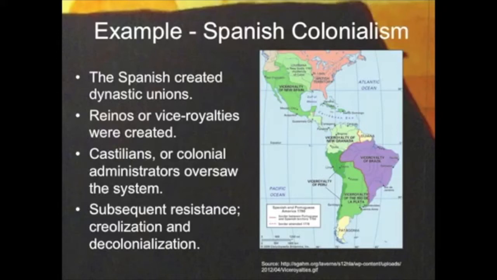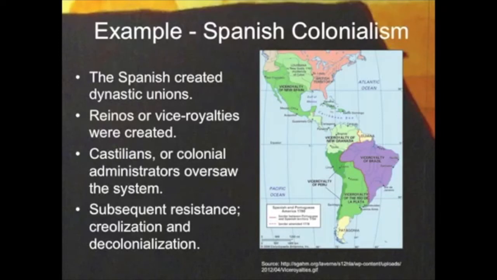Viceroyalties, in a sense, had their own local system of governance that incorporated local indigenous political practices. But all of these reinos ultimately were subjugated under a much larger system that encompassed the globe.